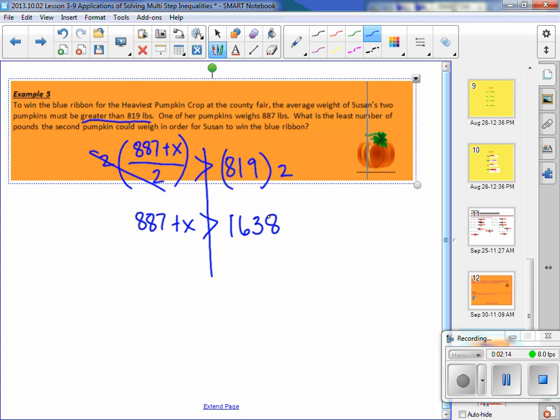No, don't divide. What do I do now? Subtract 887 from each side. So I get x is greater than 751.